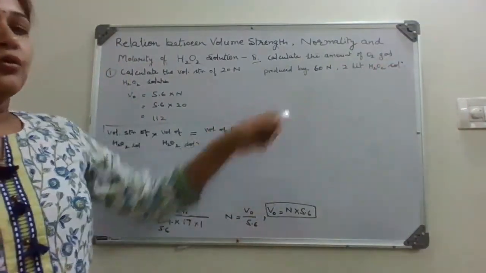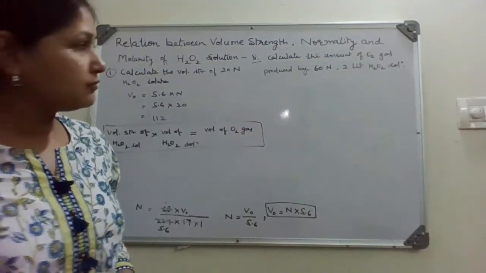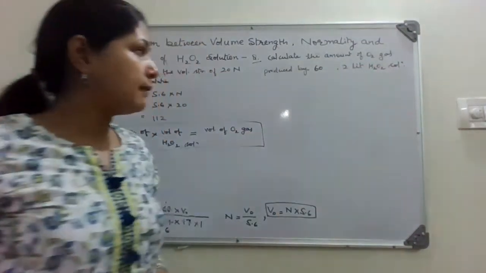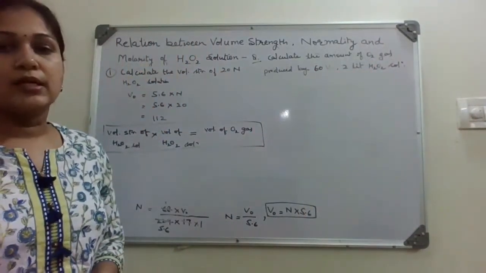Calculate the amount of oxygen gas produced by 60 V, 2 liter hydrogen peroxide solution.